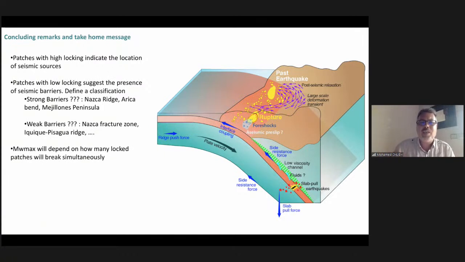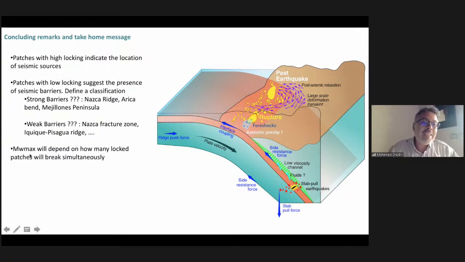We don't know their efficiency to stop or not a large earthquake, and probably we need, in a future of many centuries, to do a classification of these barriers, as well as of the different asperities that break during earthquakes, to know how much a specific asperity can slip, if it can slip 5 meters maximum or maybe 50 meters, like we have all witnessed in Japan in the last year.